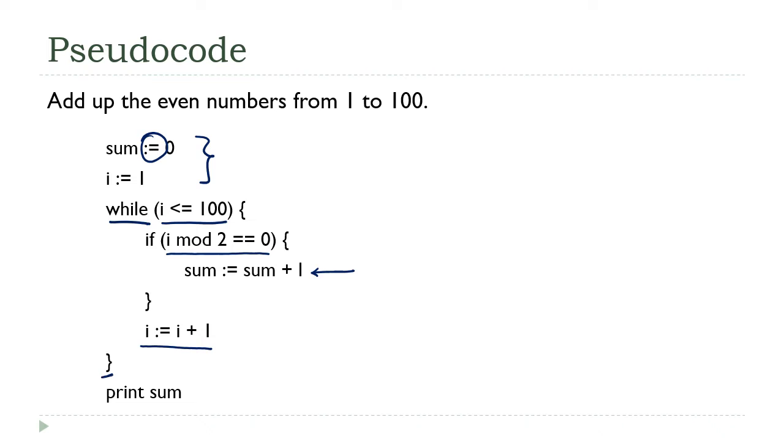Then we hit the end of this block. So we jump back up to the beginning. We check that test criterion. Is I still less than or equal to 100? If it is, well, we go and do it again. And if it isn't, we fall out of that loop and we just print the result.